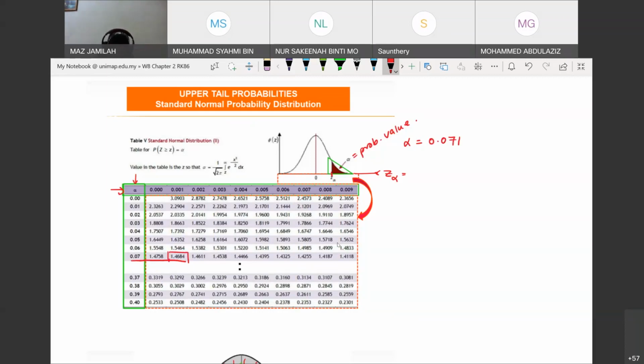So my z alpha is 1.4684 here. If I were to write it down again, my alpha is 0.071. What is my z value here? That 0.071 is 1.4684.